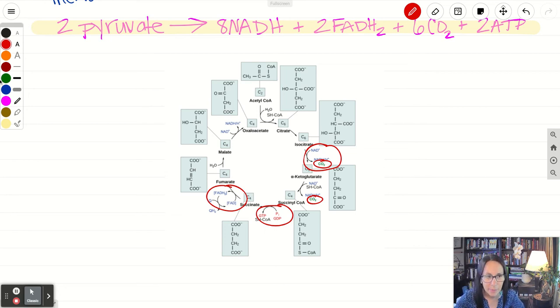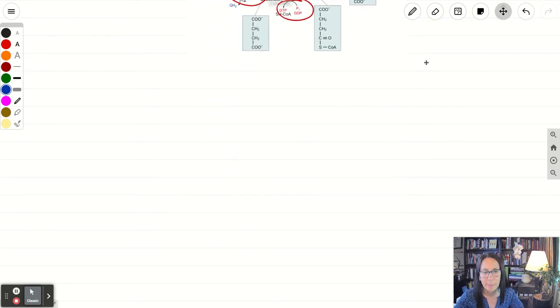Then the last step of the cellular respiration process is called the electron transport chain. Step 3 is called the electron transport chain.